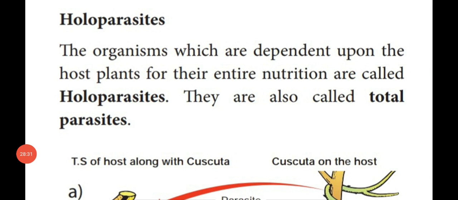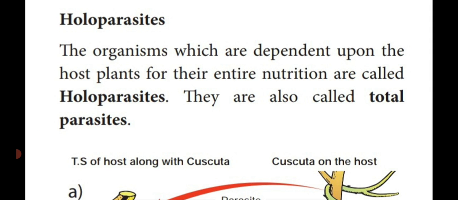First we are going to see holoparasites. What are holoparasites? The parasitic organisms which depend upon the host plant for their entire nutrition are called holoparasites. That means they take water, mineral salts and food material totally from the host plant, and are known as holoparasites or otherwise total parasites. 2 mark question.